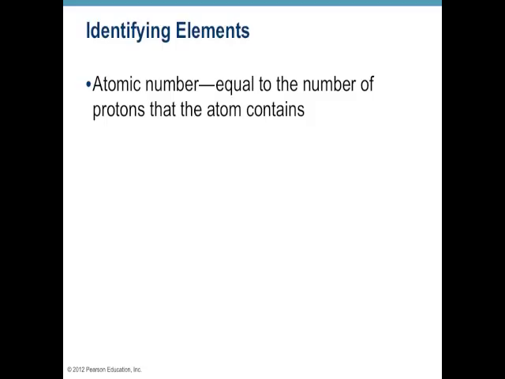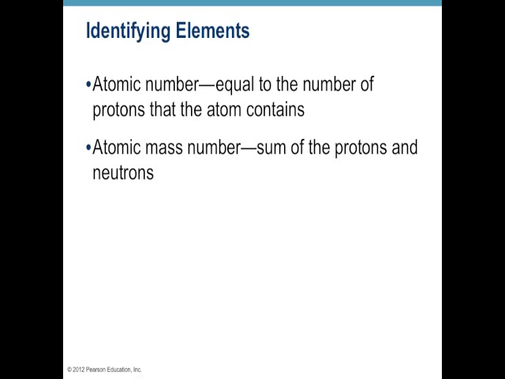Okay, so the atomic number is equal to the number of protons that the atom has. The atomic mass is the sum of the protons plus the number of neutrons. That's the atomic mass. That's the weight of it. Okay.